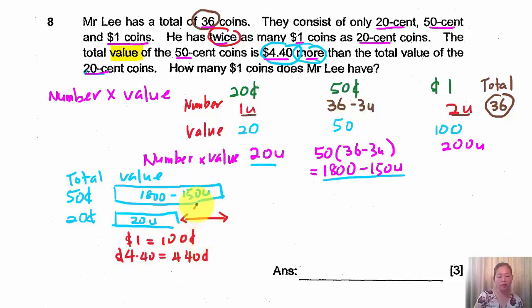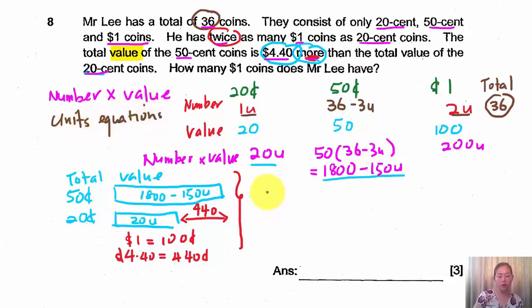So this part here is 440. We can use this approach whenever you see something like more than or less than. Try to draw a comparison model whenever you're stuck, to understand what is going on and create your units equation.